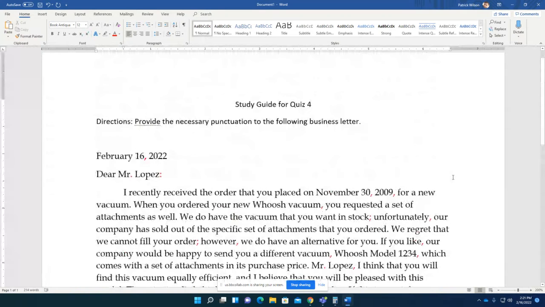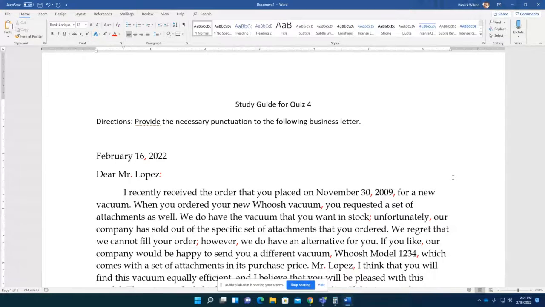Quiz 5, which will be coming up in about another week, really is sort of a comprehensive review of all the grammar that we learned over the last 7 weeks. It's going to be 10 questions. It's going to be sort of a multiple choice type deal. And I'll give you a little bit more information on that next week.